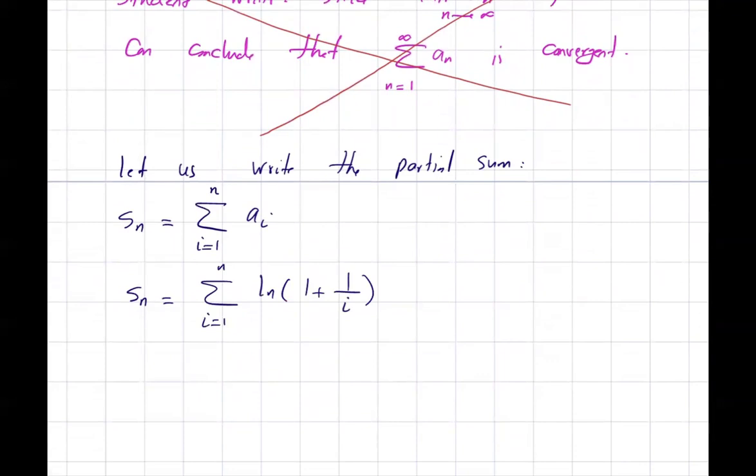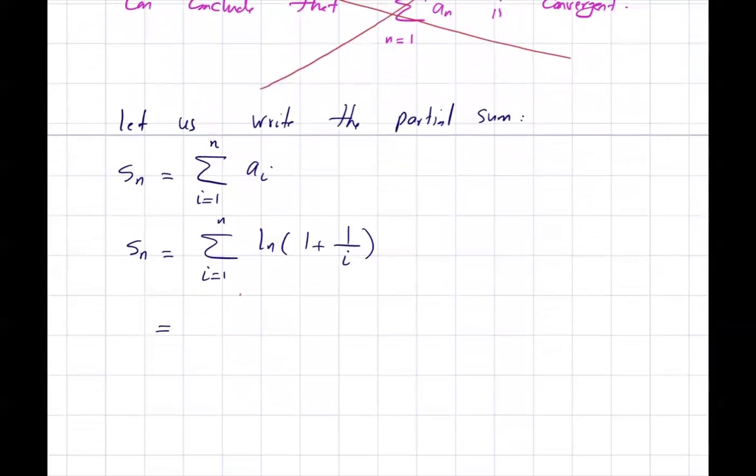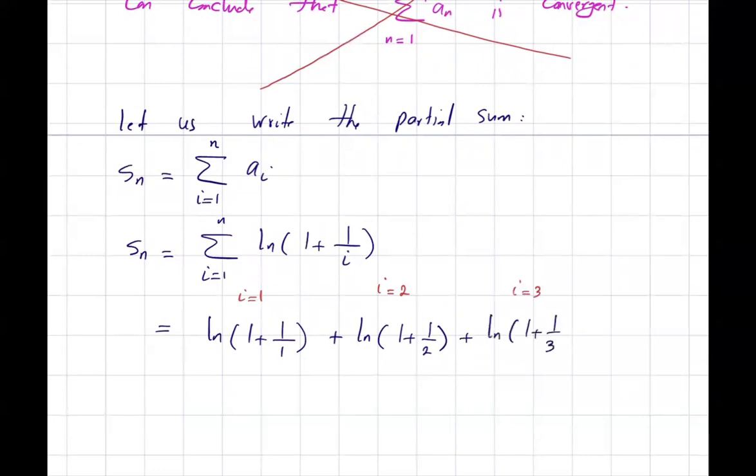So if you plug in values here, what do you get? If i is equal to 1, you get ln of 1 plus 1 over 1. If i is equal to 2, what do we get? We get ln of 1 plus a half, plus if i is equal to 3, you get ln of 1 plus a third, and continue this process.